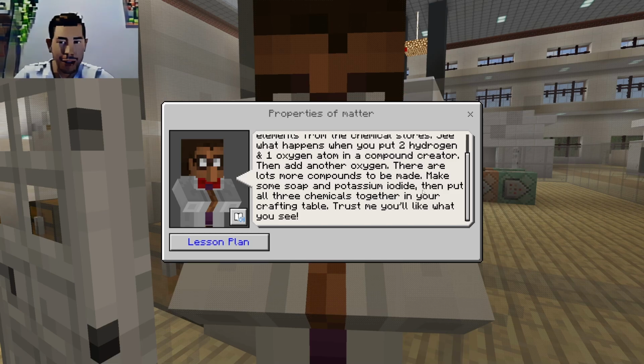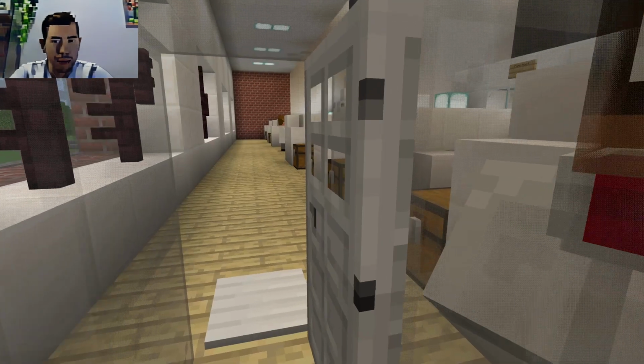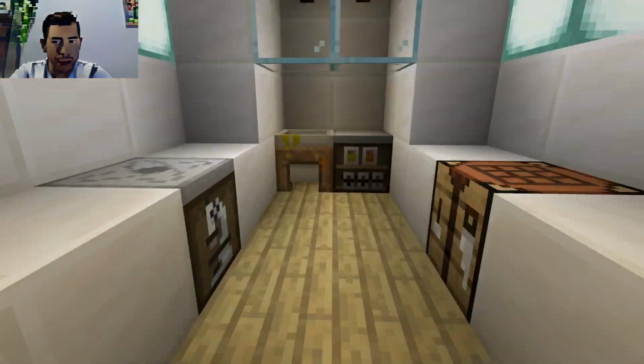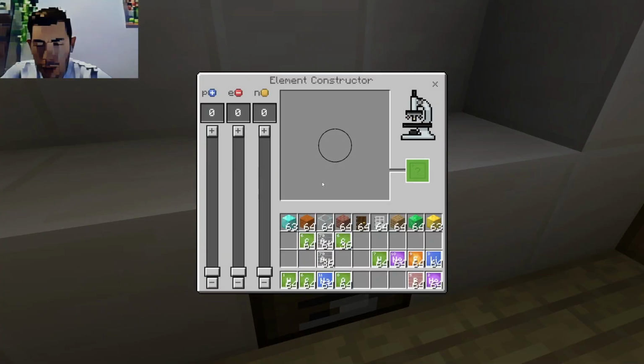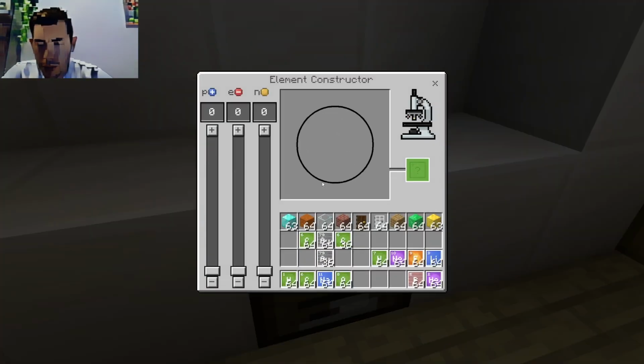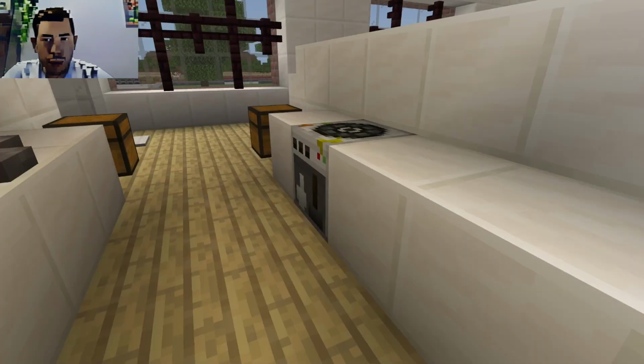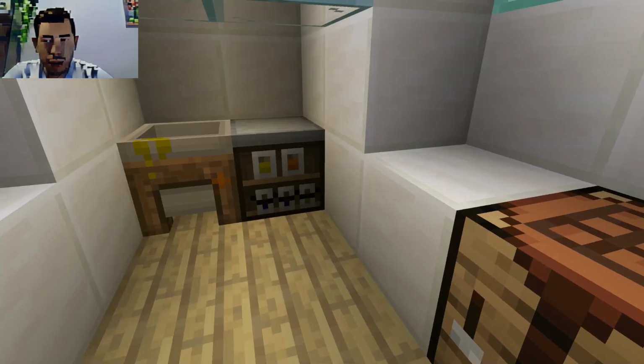Okay, let's write down what we need to do. We need to go to the craft table one more time. So we need to go to compounds here.